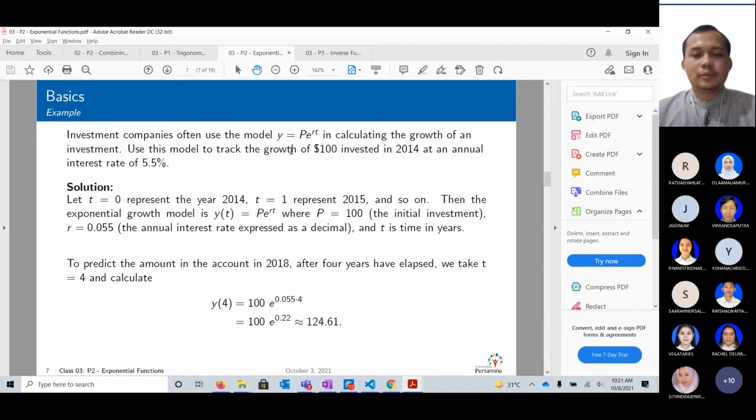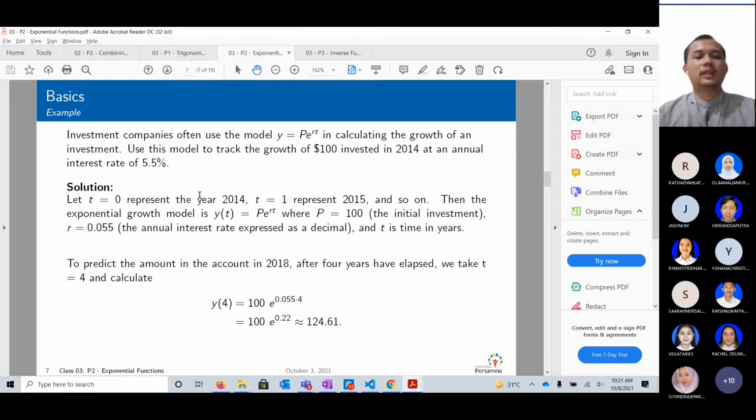So suppose that we first invested $100 in 2014 at an annual interest rate of 5.5%. Basically, after 1 year, we get about 5.5% of our first investment.